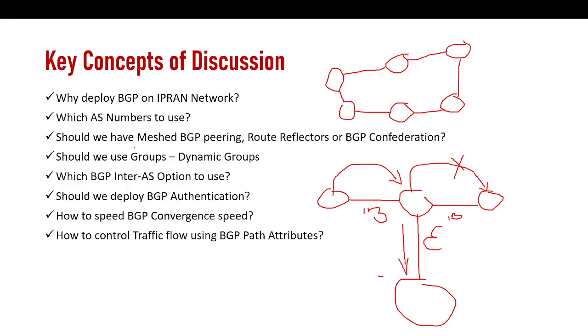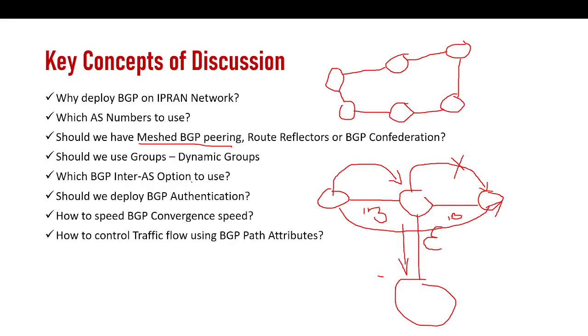The first is meshed BGP peering, which means you configure a BGP peering session between all these routers, with a session established directly to each router so that they can exchange routes. This is not scalable enough.